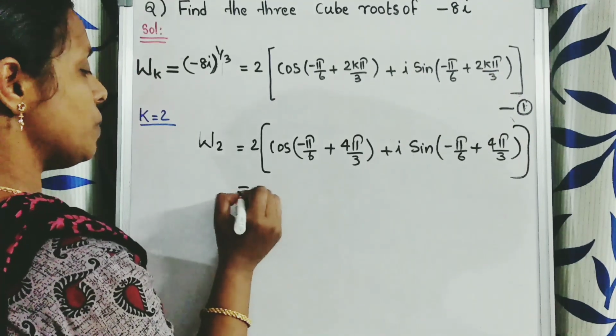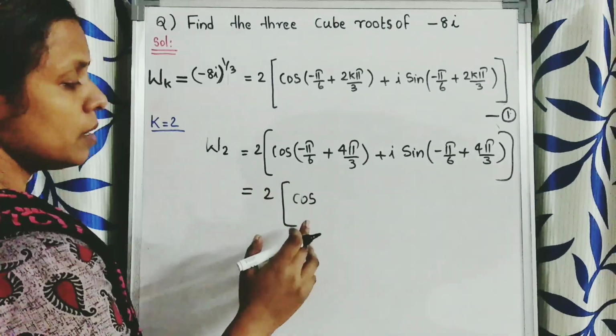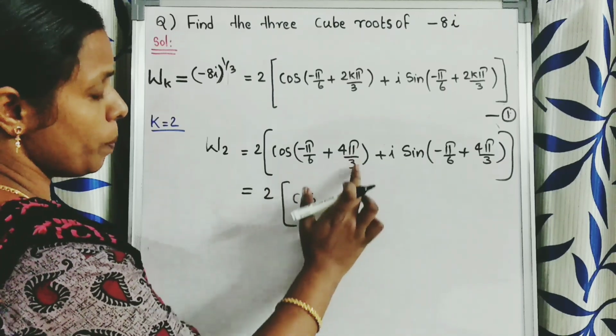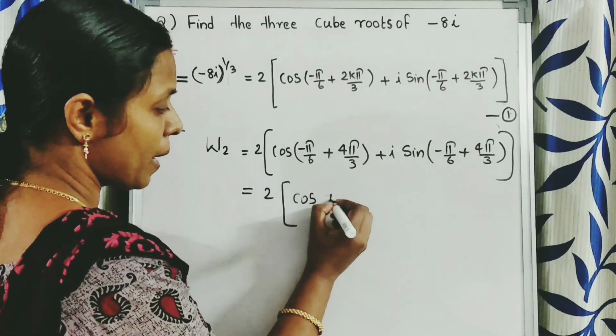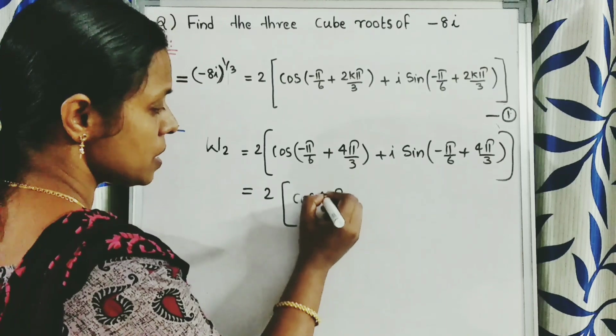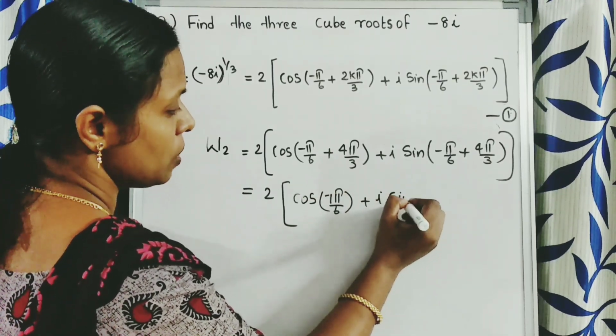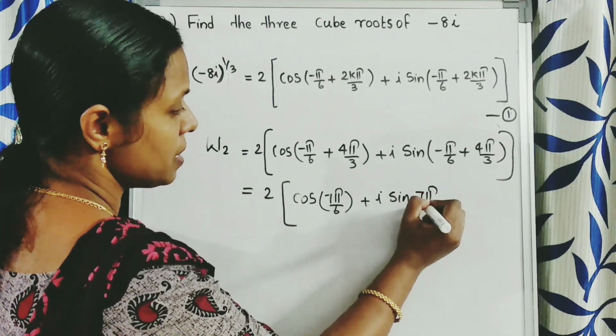That is equal to 2 into cos of negative pi by 6 plus 4 pi by 3, which is 7 pi by 6, plus i into sine, also here 7 pi by 6.